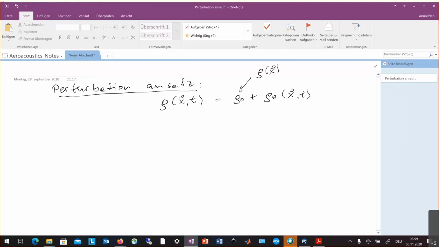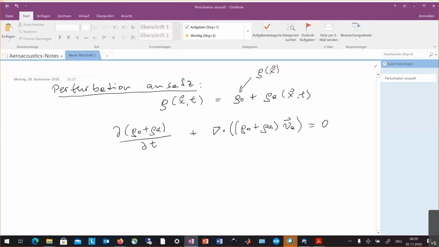And that is important. Why is it important? Because when we go back to our equation of mass conservation, we have the time derivative of the total density plus the divergence of mean density plus acoustic density, scaled with the acoustic particle velocity, equal to 0.